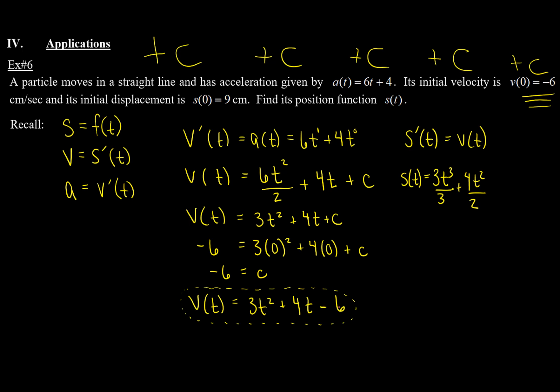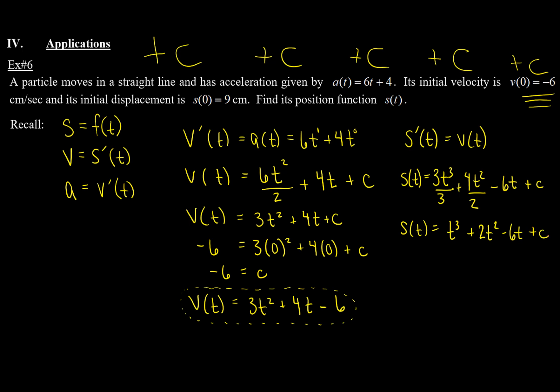Here I've got a minus 6. That's like saying t to the 0. So minus 6t to the 1. And then plus c. And then I'm going to clean house. These 3's cancel. 4 and 2 cancel as well. And now I've got that.